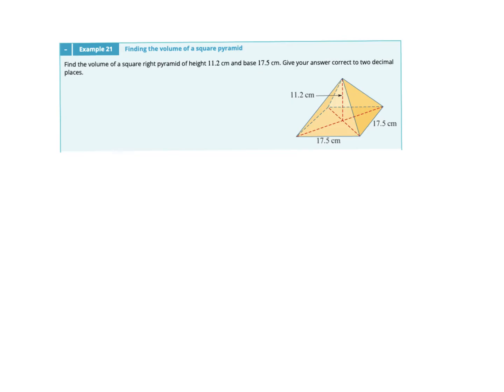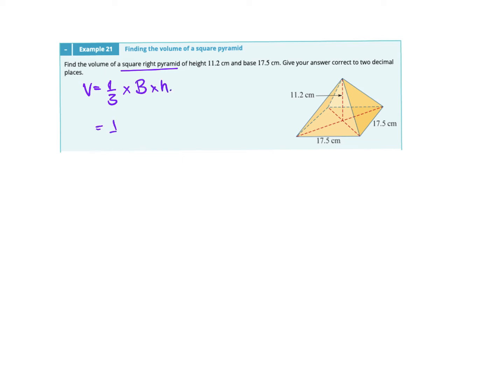Alright, so this one we're asked to find the volume of a square right pyramid. Now that is also on your cheat sheet, and once again it's a third times the area of the base times the height.